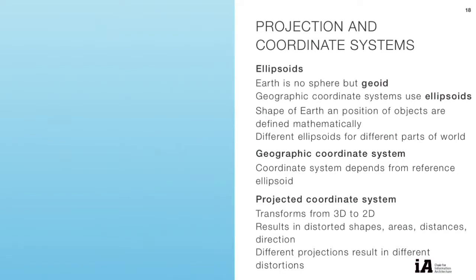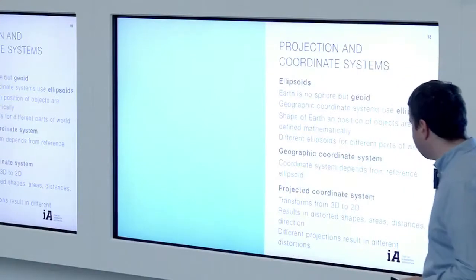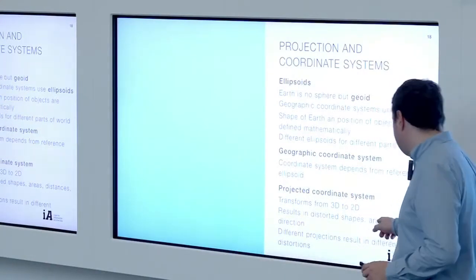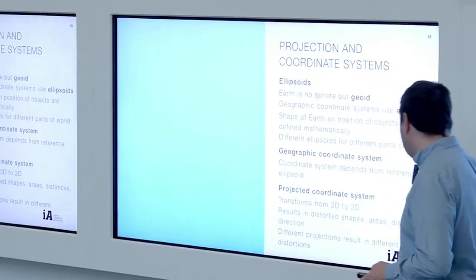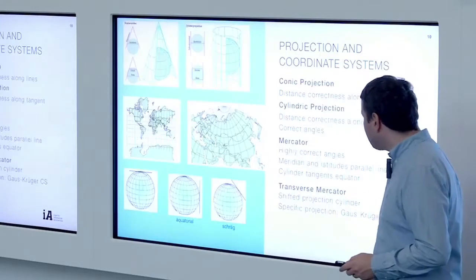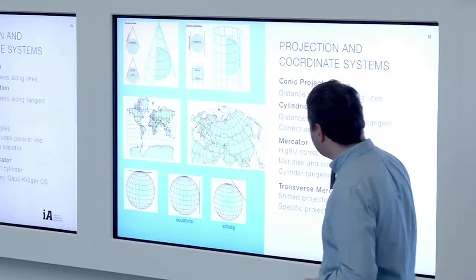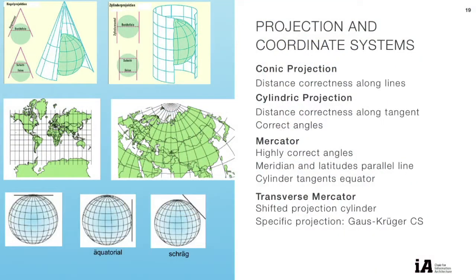The idea with the projected coordinate system is that you make a transformation from the 3D surface of the Earth to a 2D space. The results are distorted shapes, areas, distances and directions, all shifted. Of course, different projection systems result in different distortions.